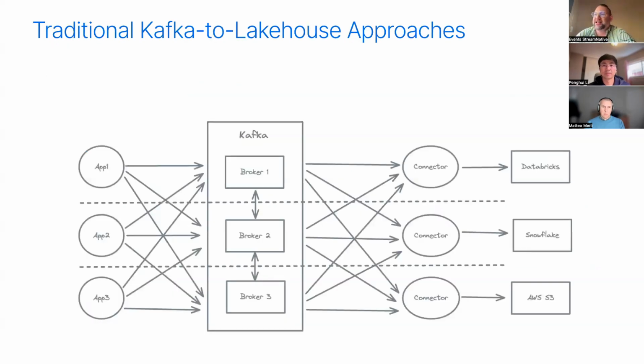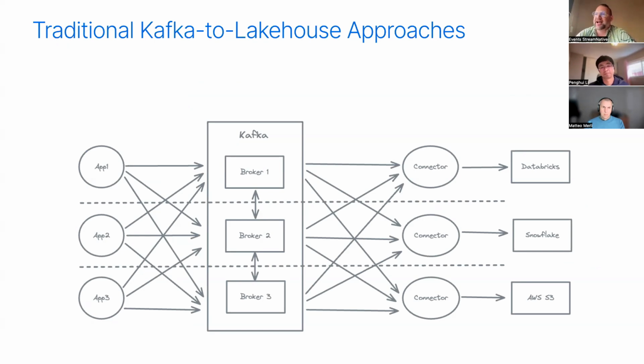If we take a high-level look at what a diagram might look like, with producers and consumers sending data across multiple availability zones, this is what a typical Kafka architecture might look like.